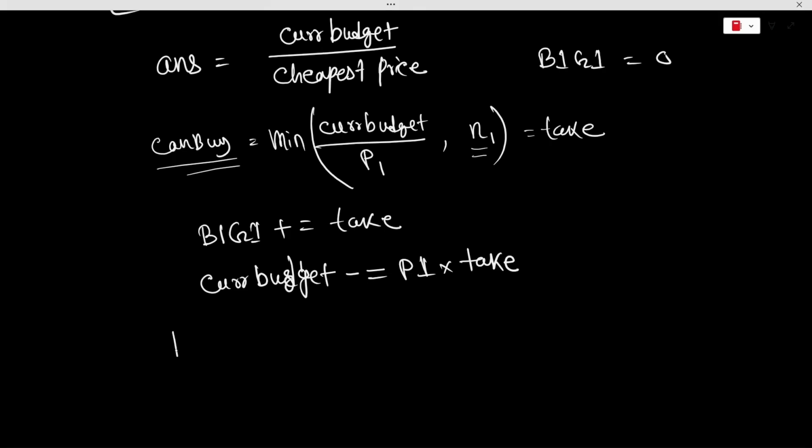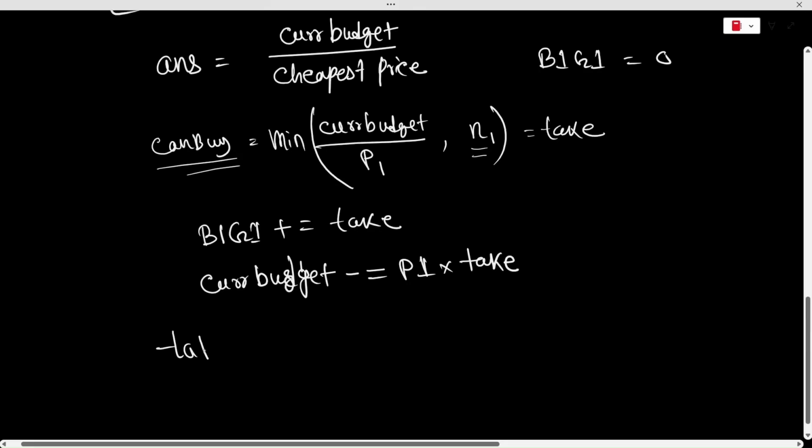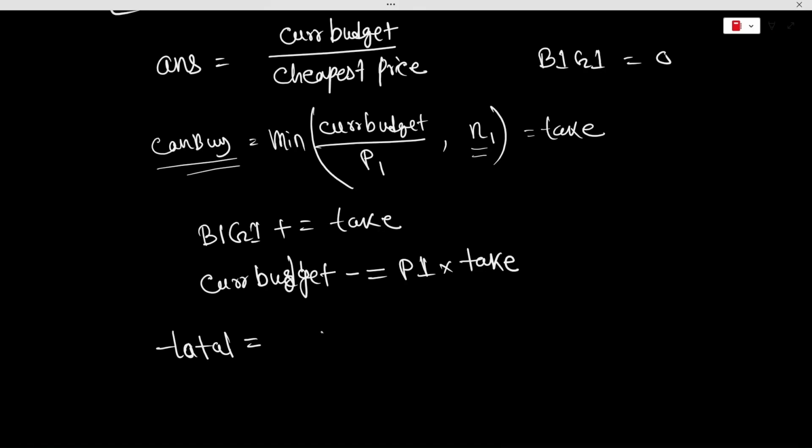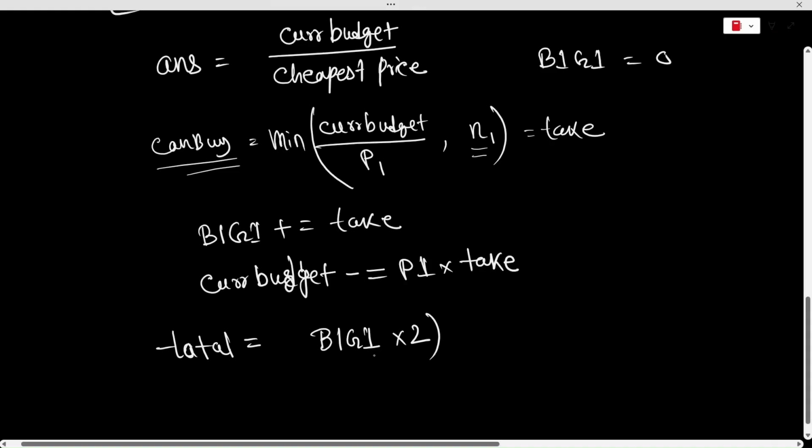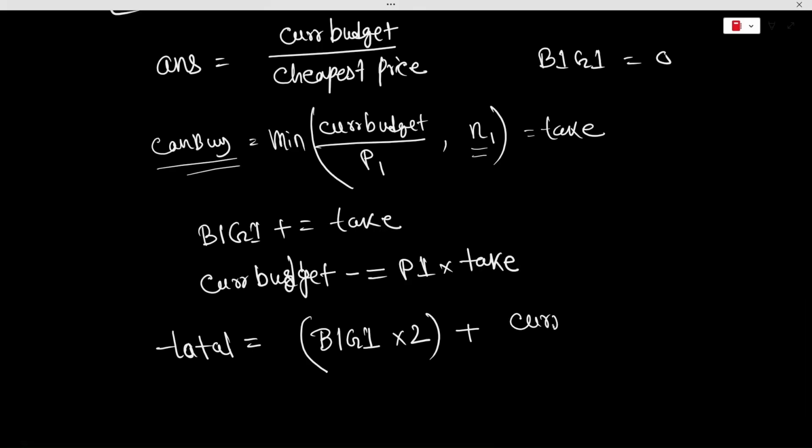Now in total how many items are we getting there? There will be some buy one get one, and buy one get one gives us two items, so it will be times 2, right? And as I told you, our remaining budget, meaning our current budget, will be spent on the cheapest price item, right? So it will be divided by the cheapest price.